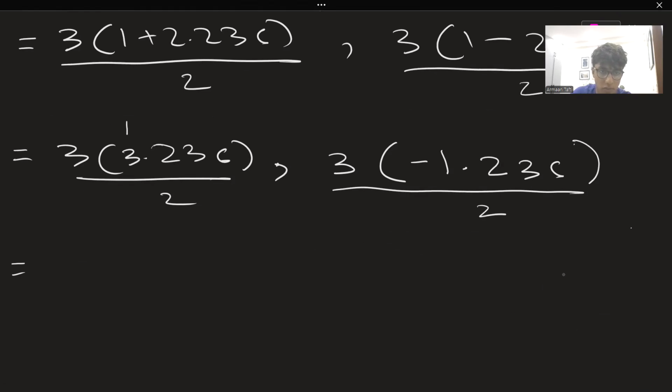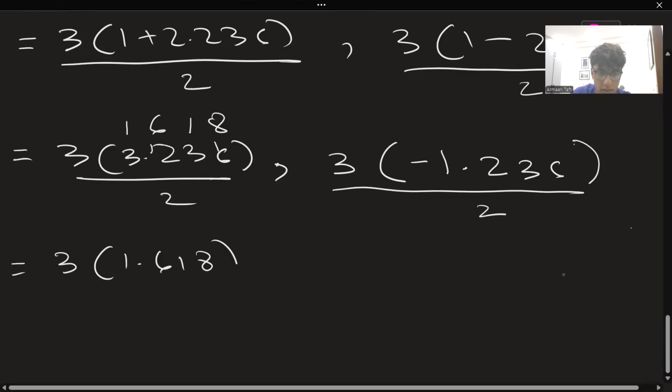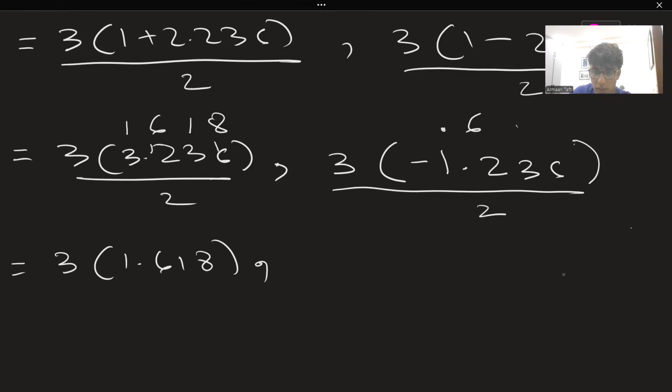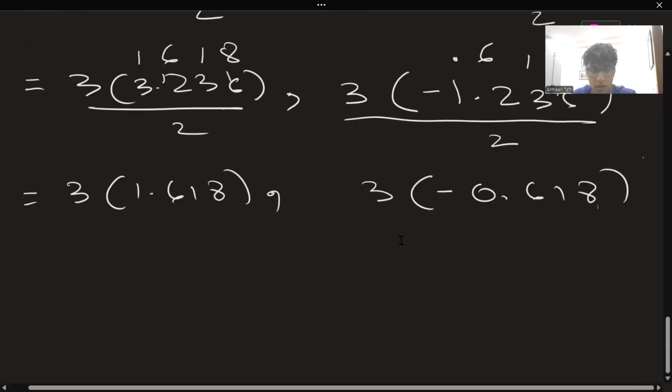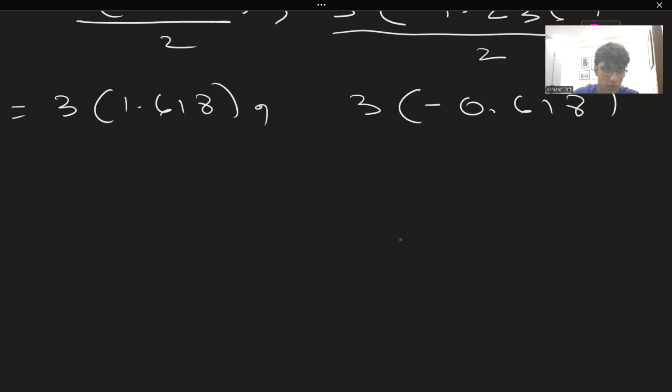So 2 times 1 is 2, 1 carry over 6, 1 carry over 8. So it's 3 times 1.618. And your other root is, again, 0.618. Now you can just directly multiply it.